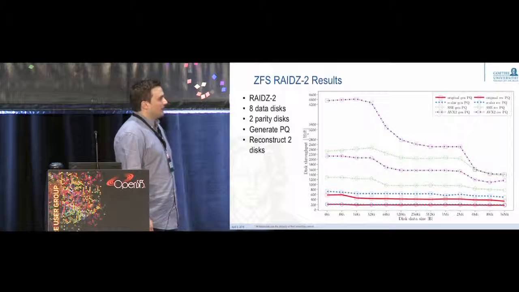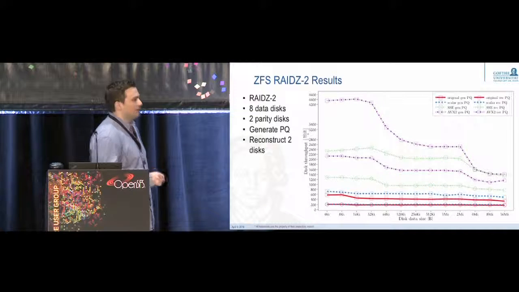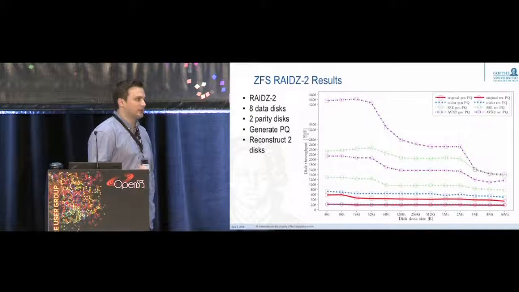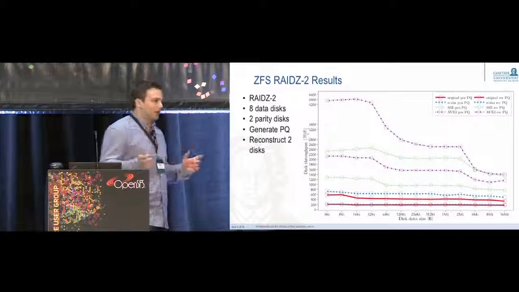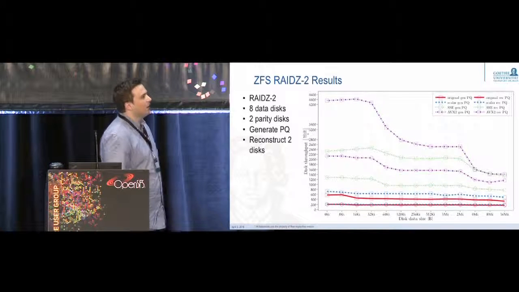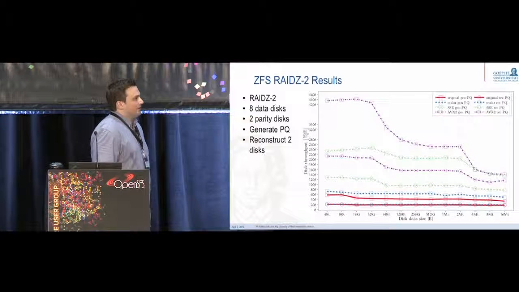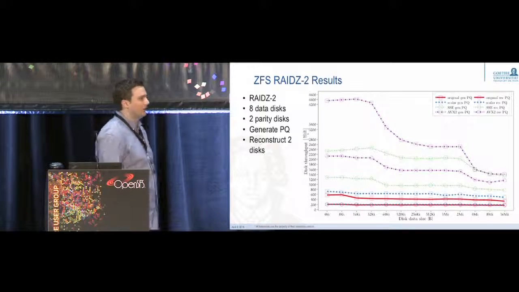On the y-axis, we see the per disk throughput of the operation, and on the x-axis is the data block size per disk. So if we, for example, use an I/O size of 1 megabyte, that would correspond to 128 kilobytes per disk. And we see 3 regimes of operation of this code.